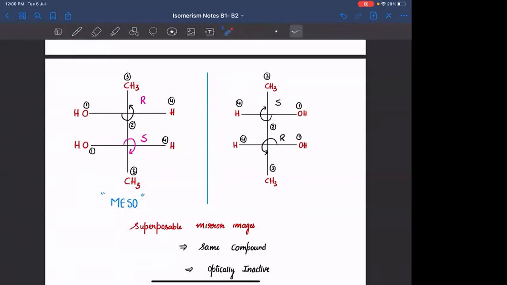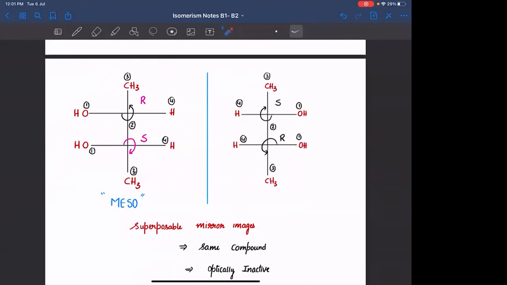हमने geometrical isomers में ऐसा कुछ पढ़ा, याद है तो आपको. EZ and ZE are not two different compounds. They are the same compounds if it is symmetrical. This is also symmetrical. Look at this. ऊपर और नीचे एक जैसा ही है ना? So in this case, as it is a symmetrical molecule, RS and SR are not two different. They are the same.